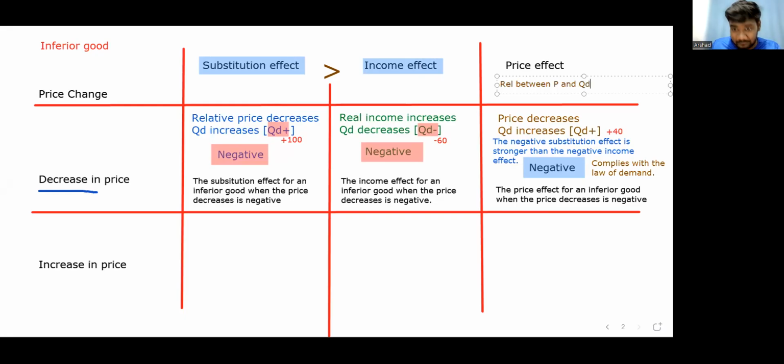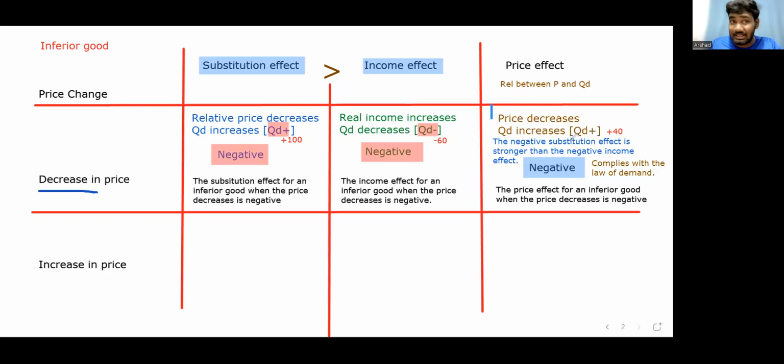So when the price of an inferior good decreases, I am saying the quantity demand increases. Why am I saying that? How did I come to that conclusion?